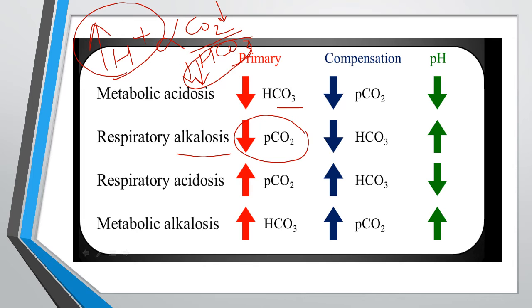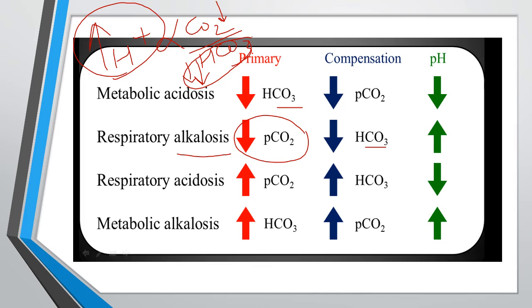If the H plus decreases, what does that mean for the pH? pH will increase, it will become more alkalotic. So how will the body compensate for an increase in alkalinity? It will excrete alkali, right? So it will decrease the bicarbonate concentration in the blood.